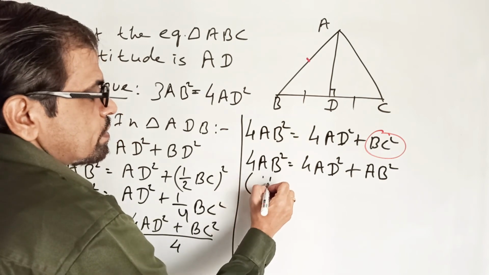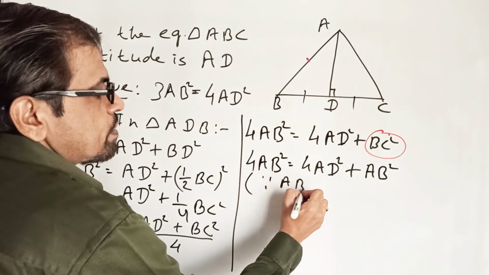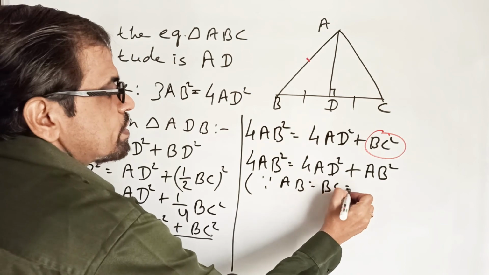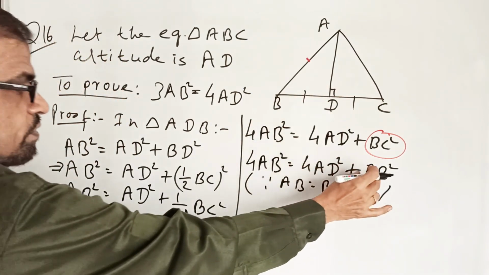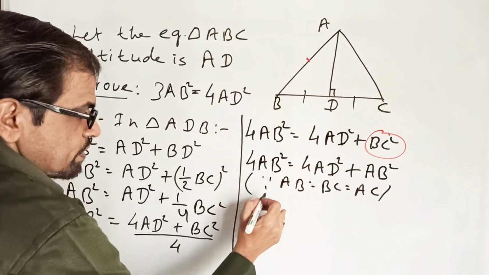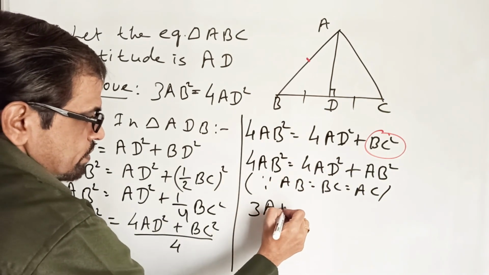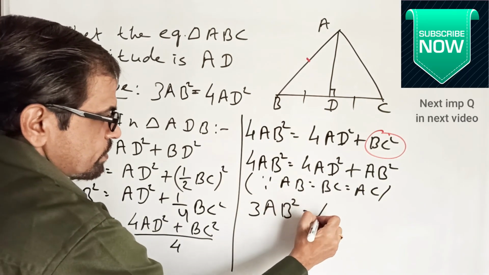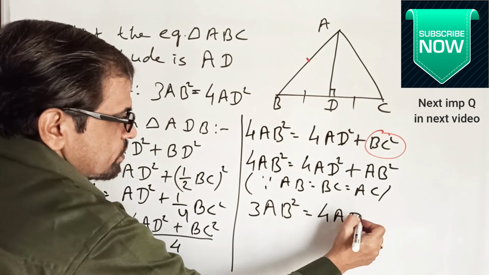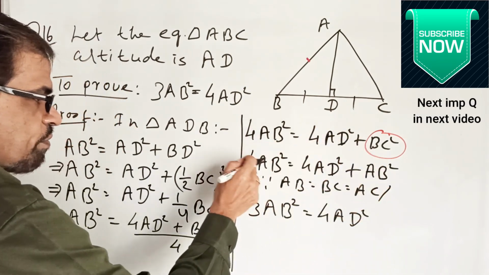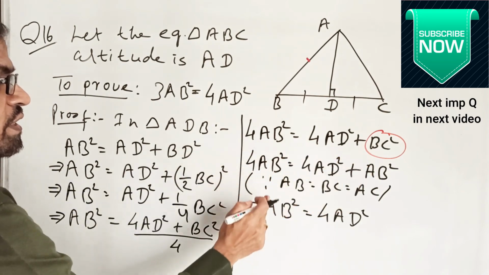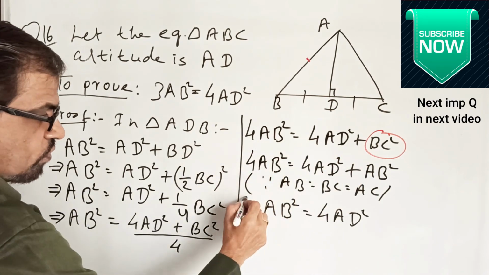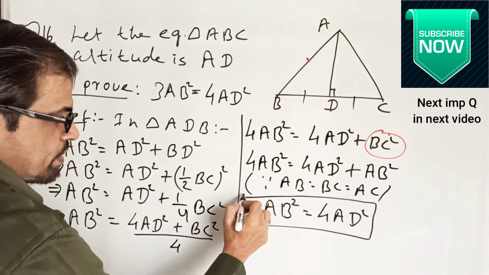Reason: AB equals BC equals AC, given in the equilateral triangle. Now this will be shifted here, so minus, so it will be 3AB square equals 4AD square. This AB square will be shifted here, so it will be minus from 4AB square. 4AB square minus AB square, 3AB square is equal to 4AD square, hence proved.